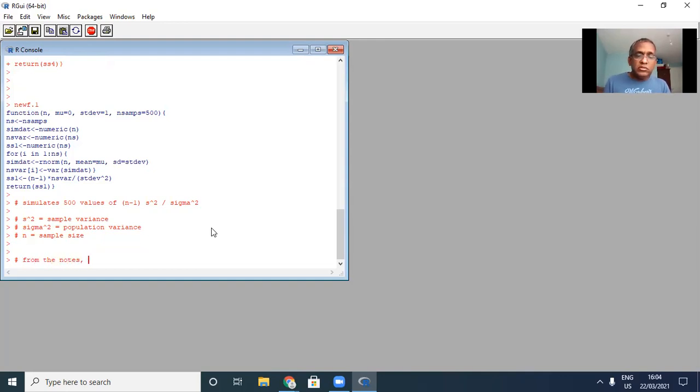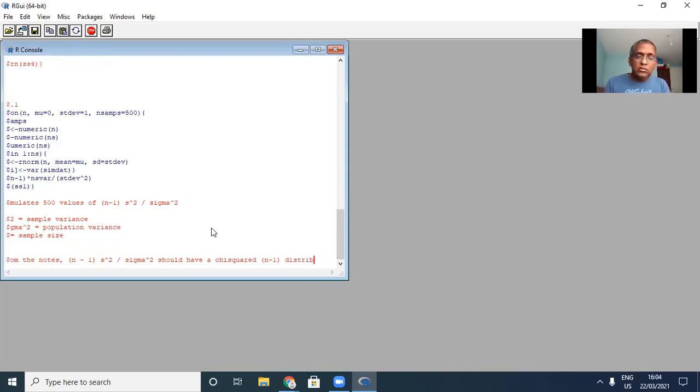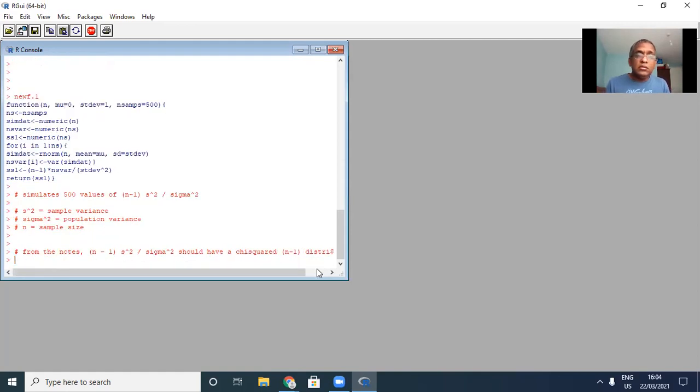From the notes, you will see that n minus 1 times s squared divided by sigma squared should have a chi-square distribution with n minus 1 degrees of freedom.